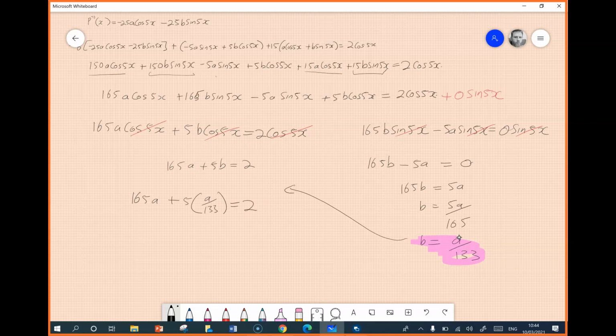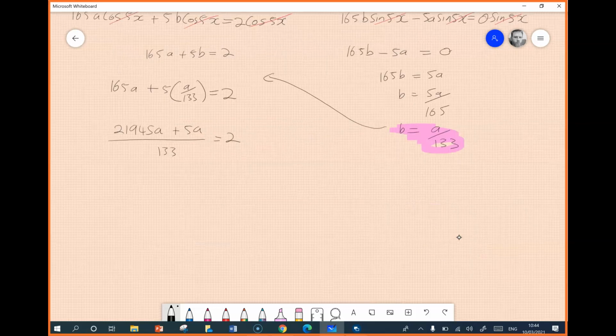All right, getting a common denominator there. So I'm going to have 165 by 33, which will give me 5445a plus 5a all over 33 equals 2. So I'm going to tidy up the 33, it'll come across to multiply the 2.